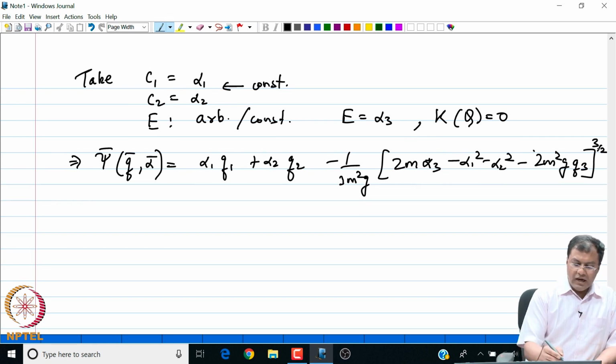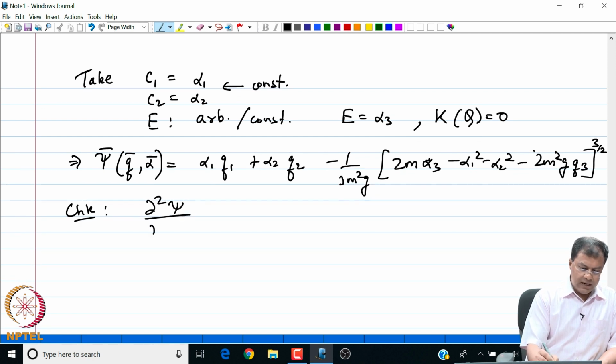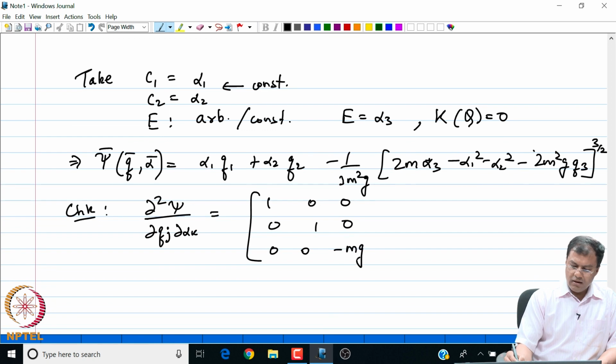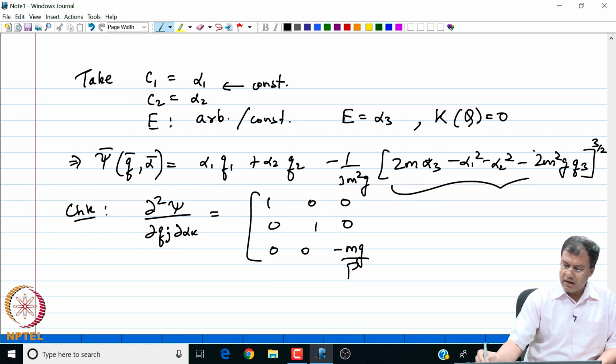So all we need to see is whether the solution is complete or not, and only then are we able to find the extremal Q. So check that this setup, del 2 psi by del Q j del alpha k, comes out to be this matrix: 1 0 0, 0 1 0, 0 0 minus mg by gamma, where gamma cube is this expression.